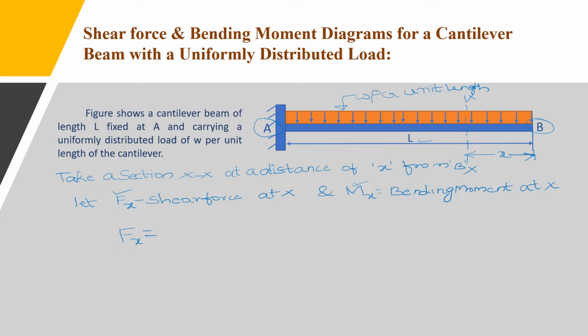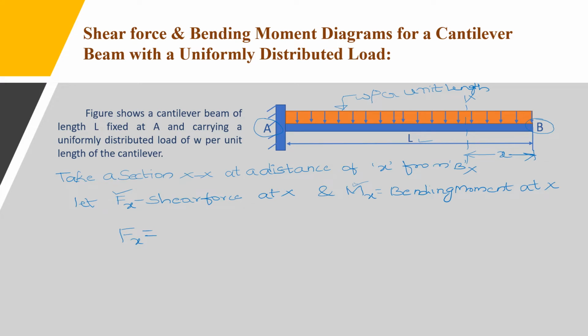The shear force at section XX will be equal to the resultant force acting on the right portion of the section. Here the load is uniformly distributed, meaning the load is distributed over the entire span, W per unit length.